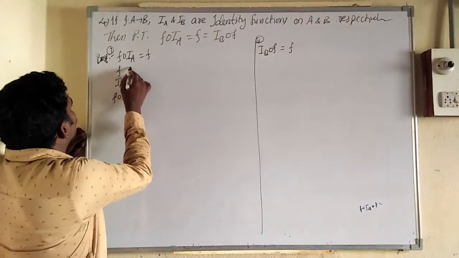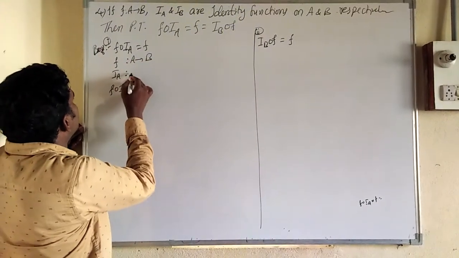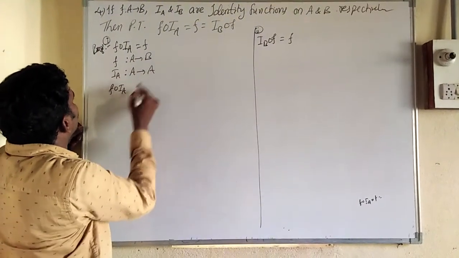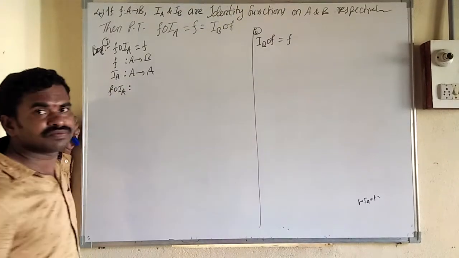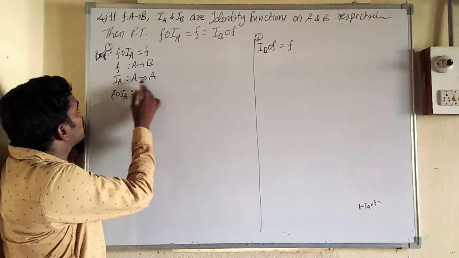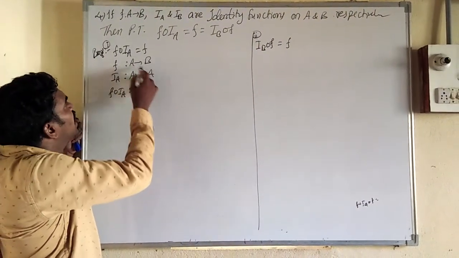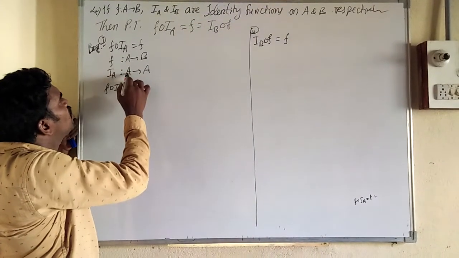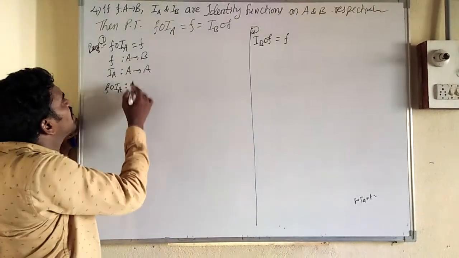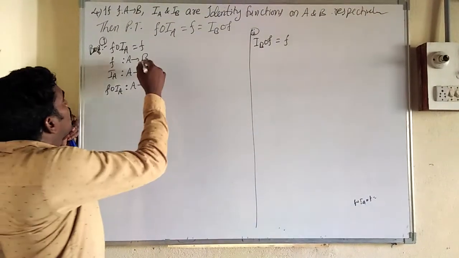What is F? A to B. What is IA? IA means A to A. What is F circle IA? See, what is the first one? IA, which means A to A. Next remember F, A to B. So completely, A to A and then go to F, A to B, so it reaches from A to B. Complete the statements.